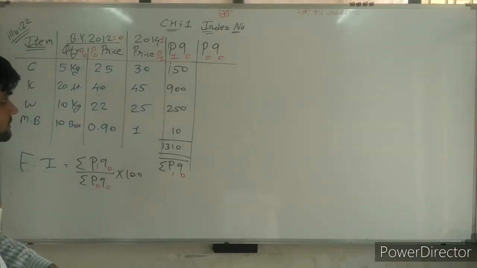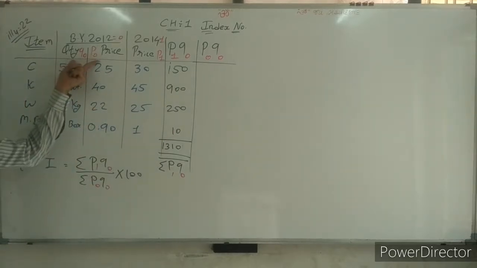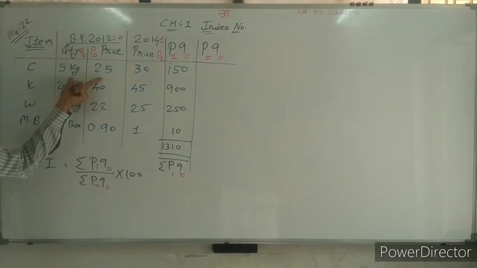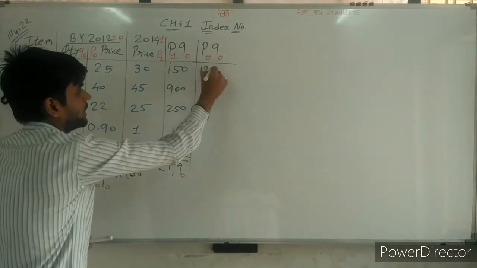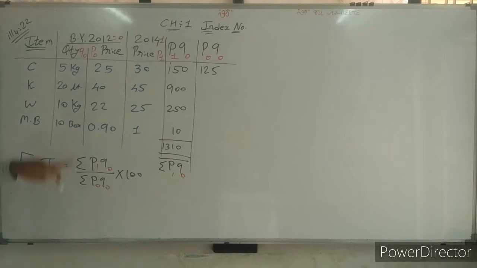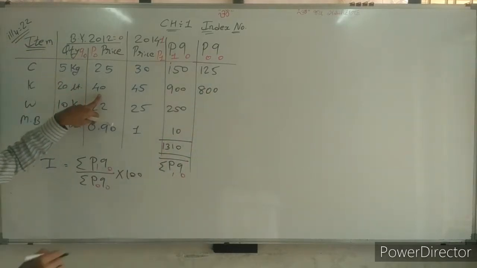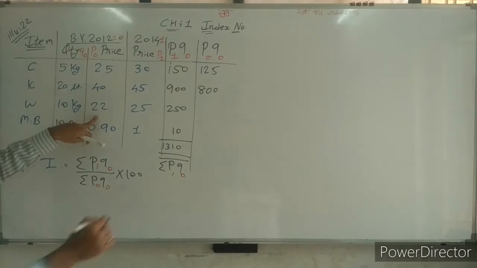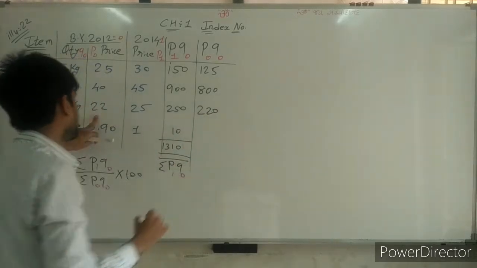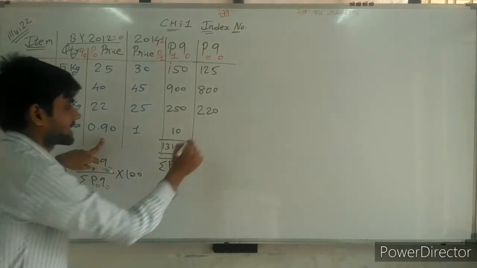Going ahead, P0 Q0. So my P0 Q0 item is here. 25 into 5, 125. 20 into 40, 800. 10 into 22, 220. 10 into 0.90, sir, 9 rupees.